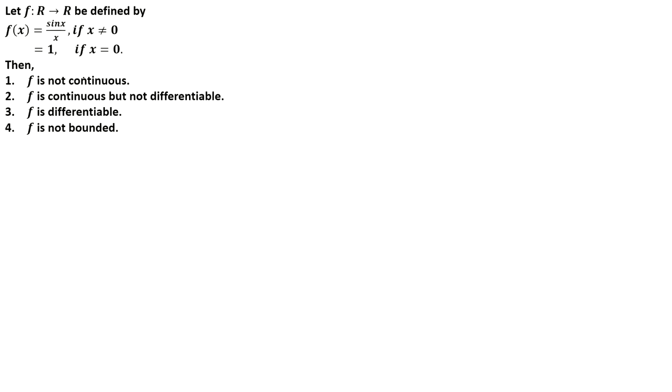The next question is, let f from R to R be defined by f of x is equal to sin x by x if x is not equal to 0, and equal to 1 if x is equal to 0. So f is a function from the set of all real numbers to itself.